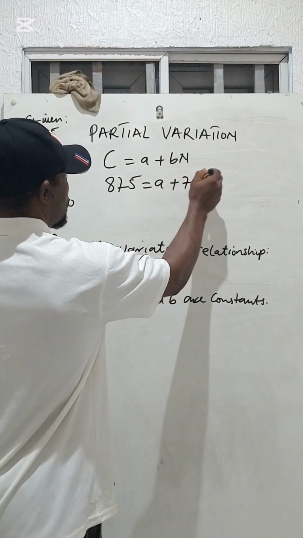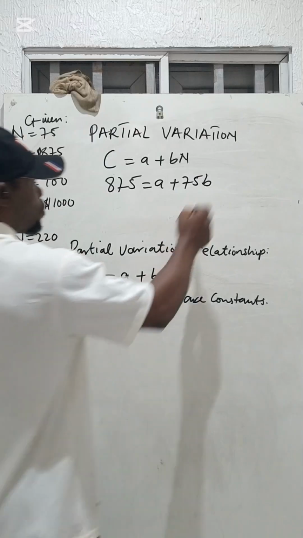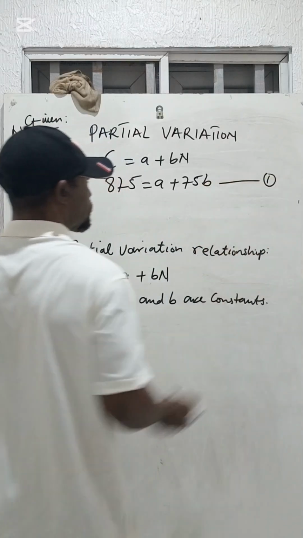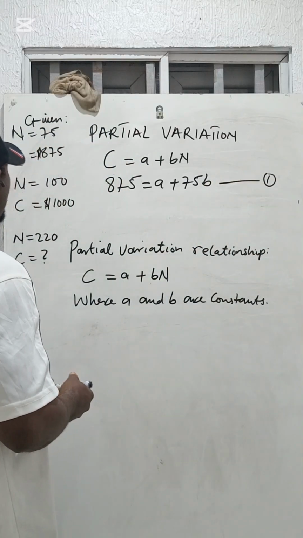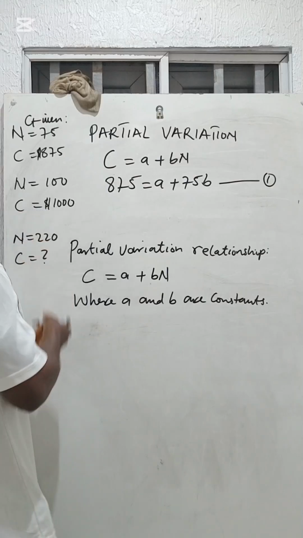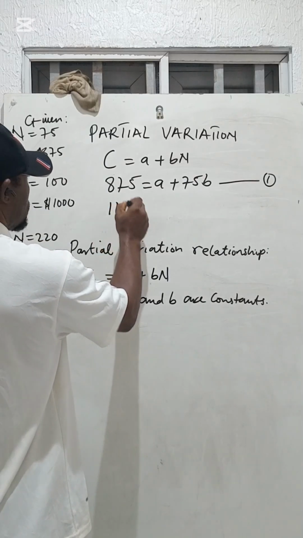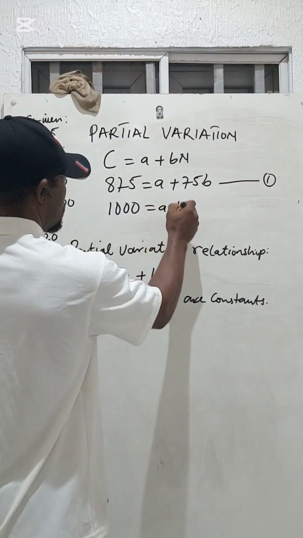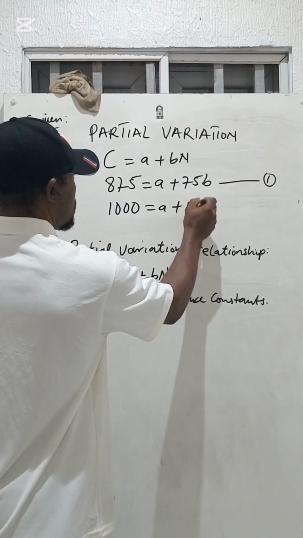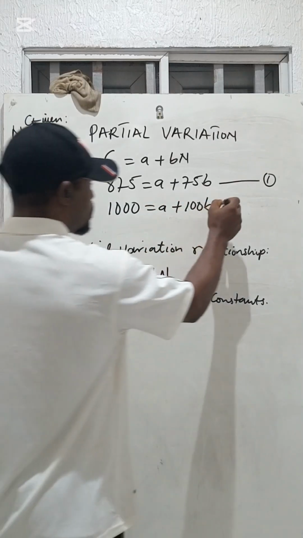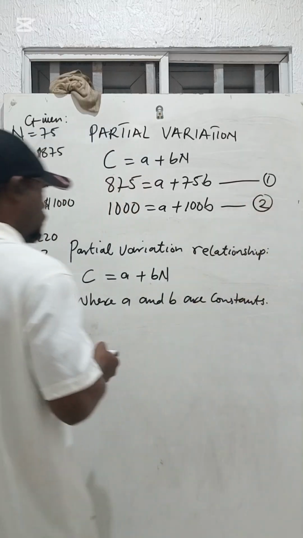Can also be written as 75B. So I'm going to call this equation 1. The second information, number of students is 100, cost of feeding is 1,000. I'll call this equation 2.